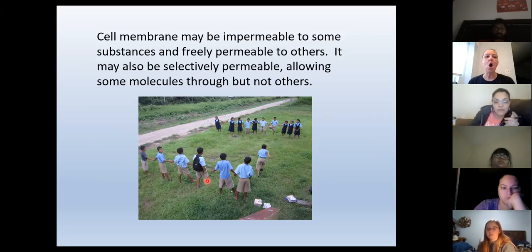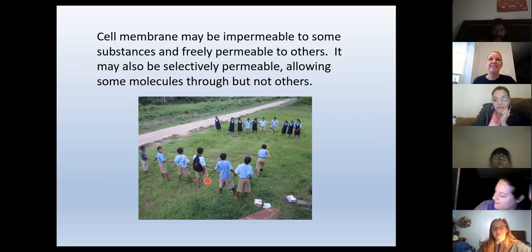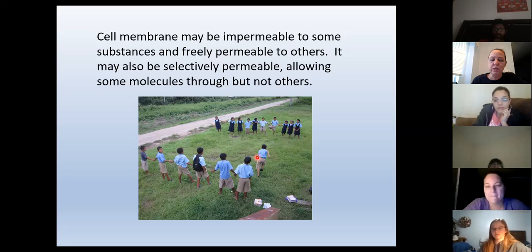Does anybody know what is going on right now in this picture? Red Rover, let someone come over. And for those of you who've been living under a rock your whole life, what happens is the person who's been called runs like gangbusters towards this group who have all linked their hands.